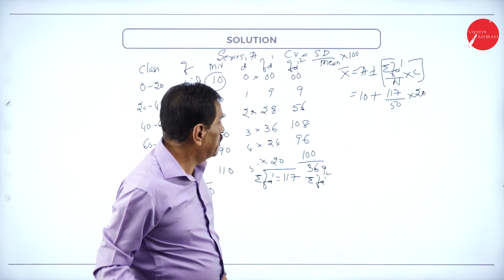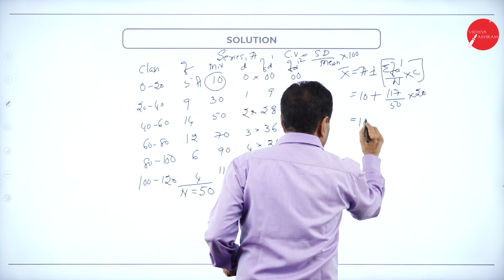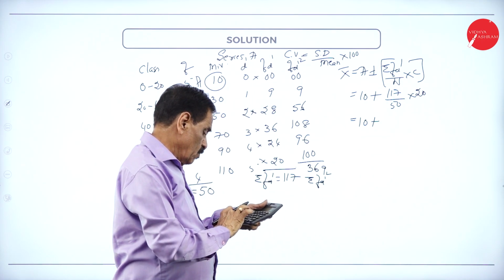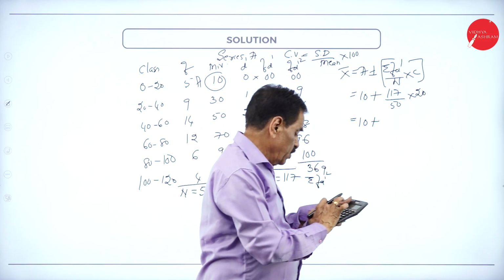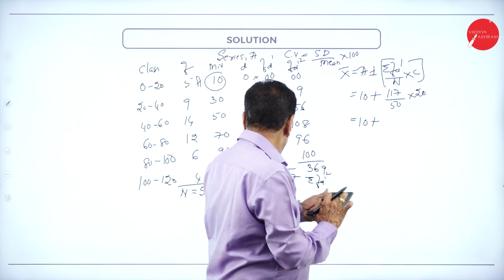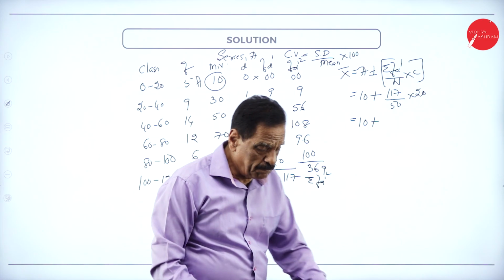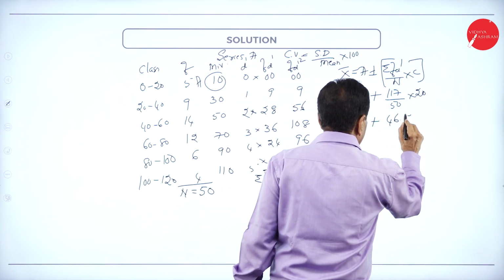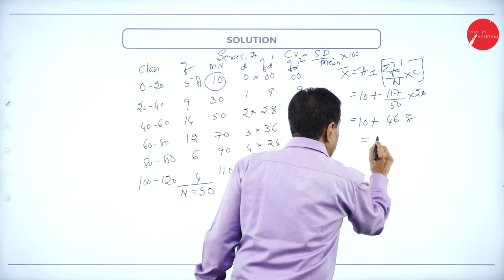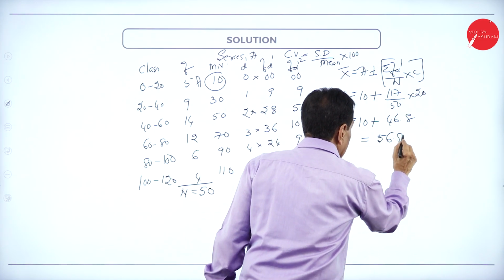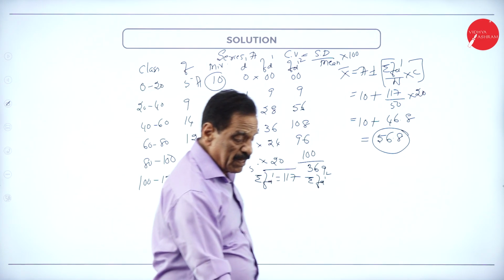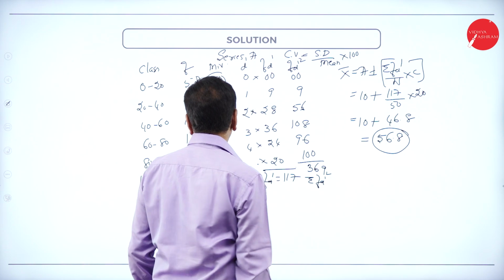So 117 into 20 divided by 50, 46.8. Adding the assumed mean, 56.8. 56.8 is the mean. Then we go with the standard deviation.